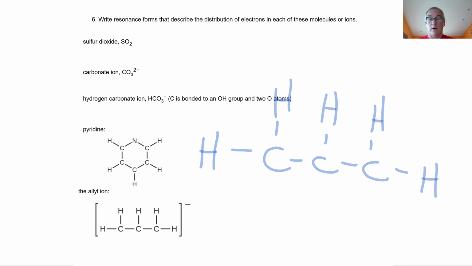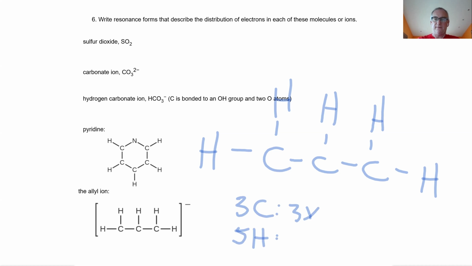Okay, so how do we start? Whenever you're doing a Lewis diagram, how do you start? Count how many electrons we're supposed to have. Exactly. So we've got 3 carbons and 5 hydrogens.